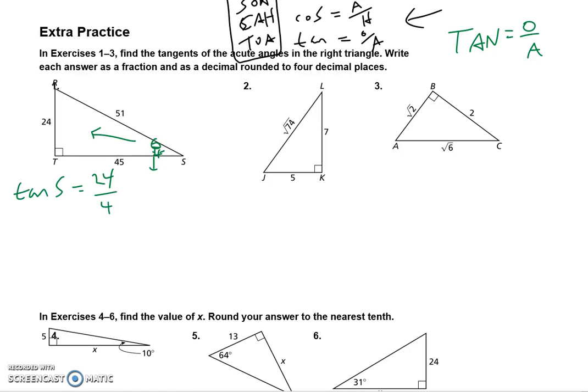It's 24 over 45. Does that reduce? It reduces by 3. So tangent of S equals 24 divided by 3 is 8, and 45 divided by 3 is 15, so 8 over 15.